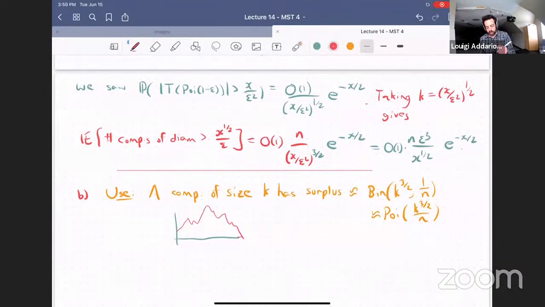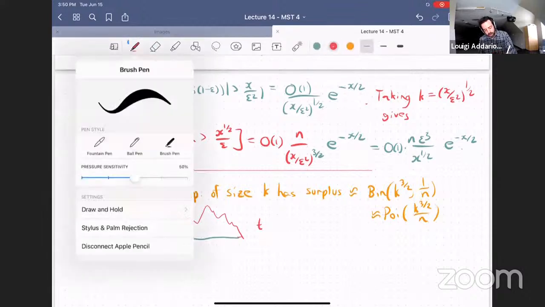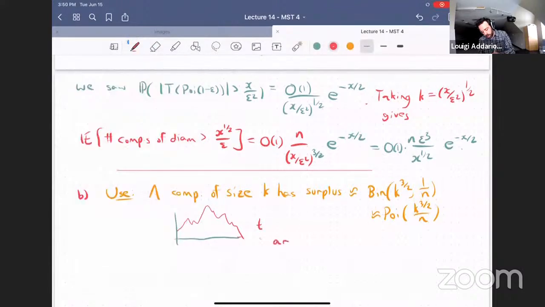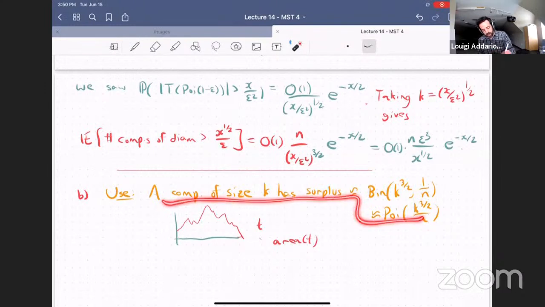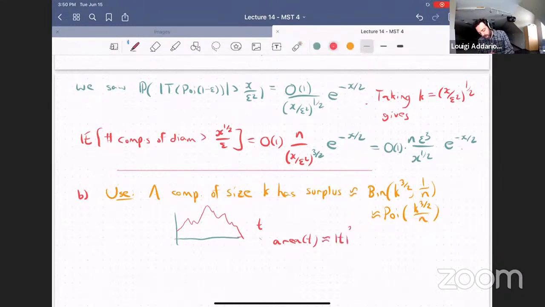The discrete area under this curve is precisely the number of potential locations for surplus edges. When we build a tree T, the potential number of surplus edges was the area under the excursion for T, which we wrote as area of T, and this area is roughly the size of T to the 3 halves, because this excursion looks roughly like a random walk.